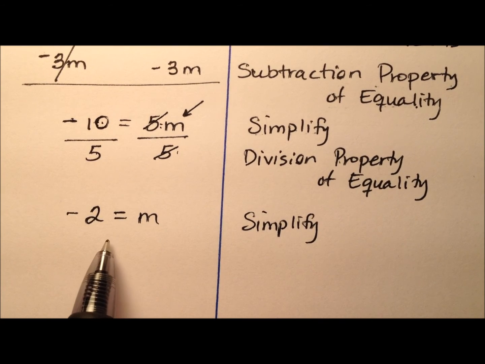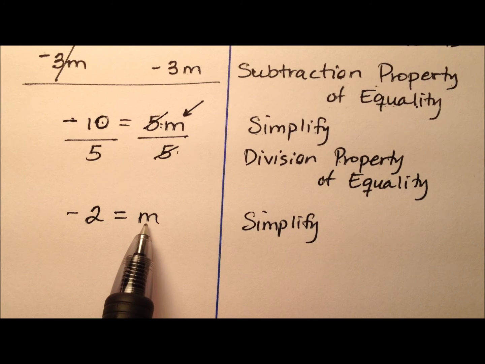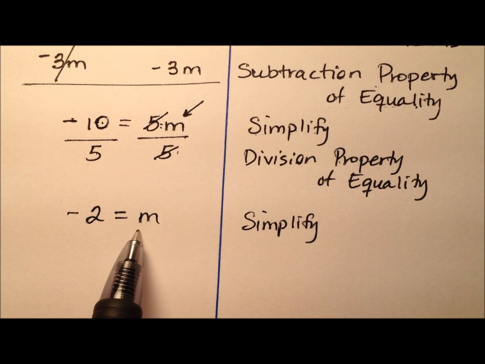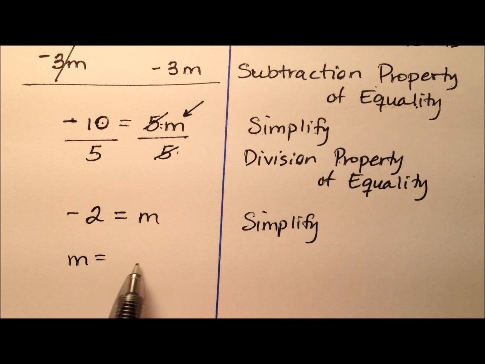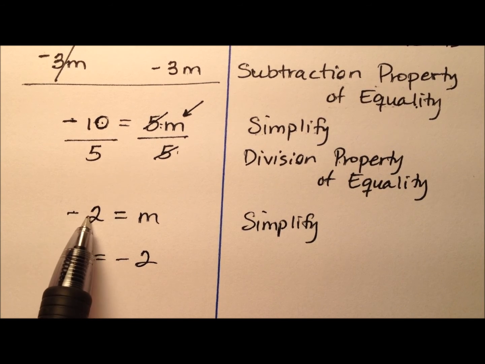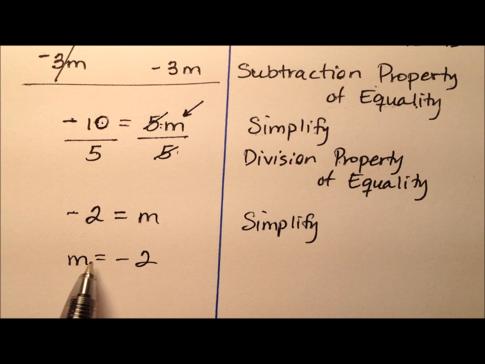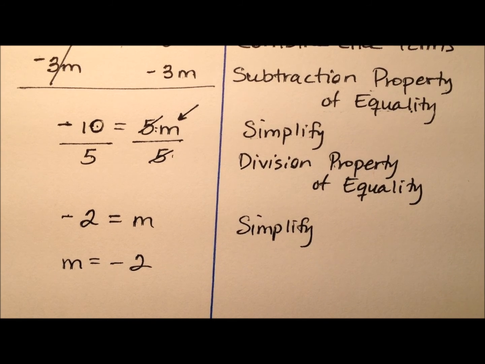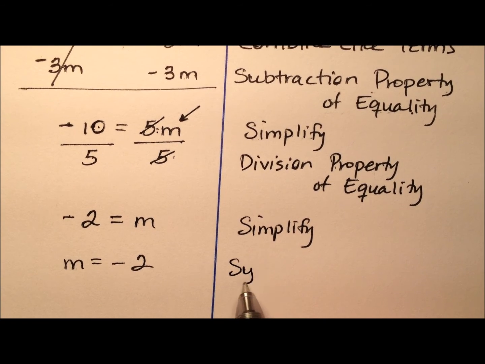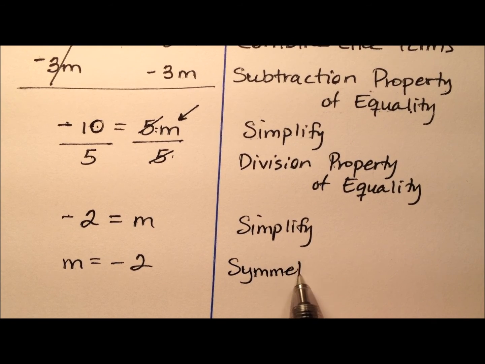So one final thing you could consider doing, a lot of students like to see this variable on the left side of the equation instead of the right side. So we could switch those two and just say, instead of negative 2 equals m, we could say m equals negative 2. And the justification, or the property that allows us to do this, is called the symmetric property of equality.